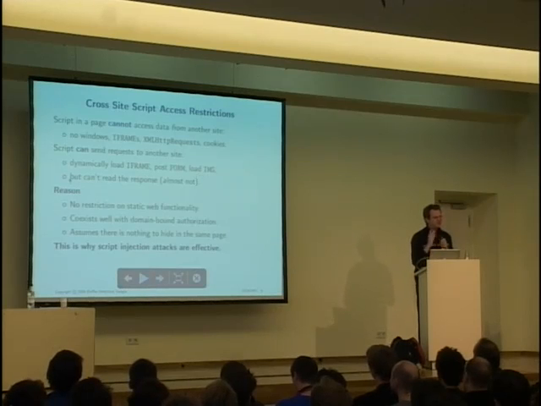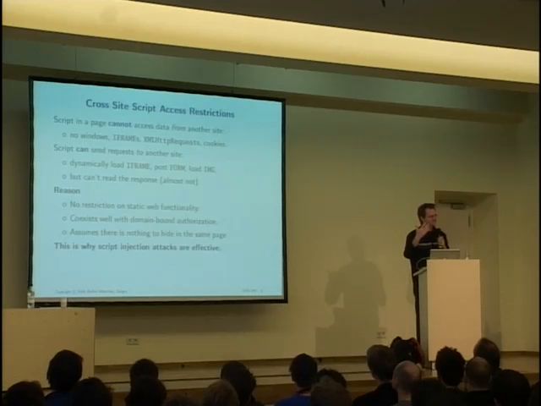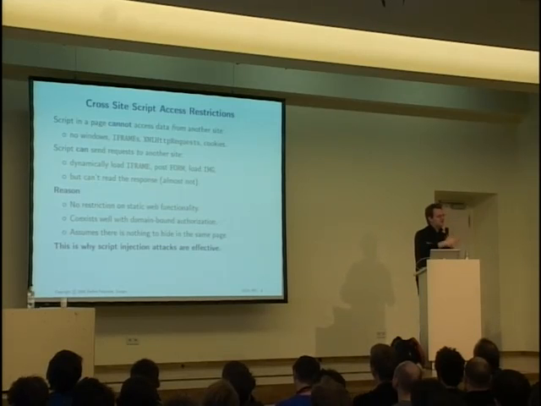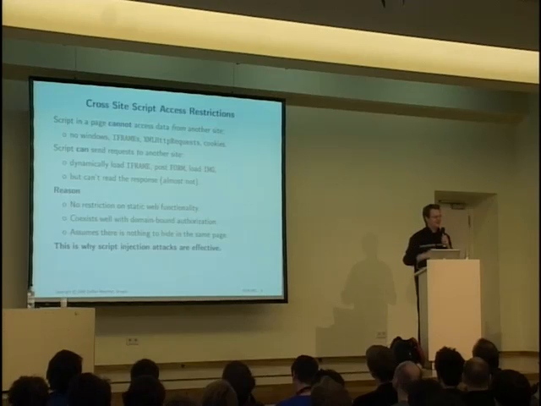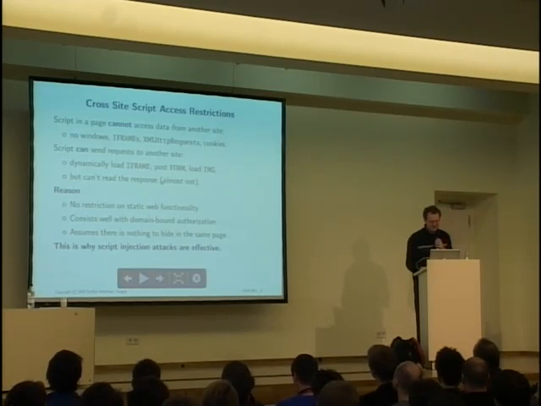So you can create an IMG element and load an image from any URL on the internet into it. But the restriction in all these cases is that whatever comes back as a response is not accessible to the script. That is, the script can send a request or take an action that results in sending an HTTP request to another site, but it can't read the response that comes back. Just for your entertainment, I put this remark here in parentheses: almost not.